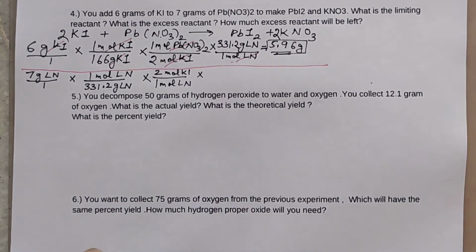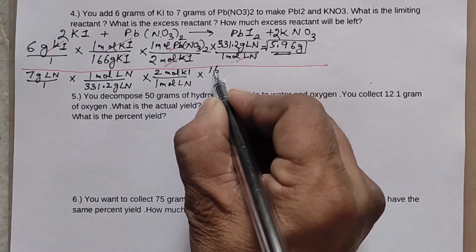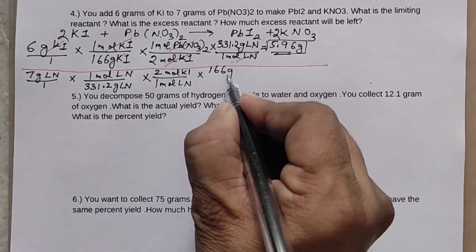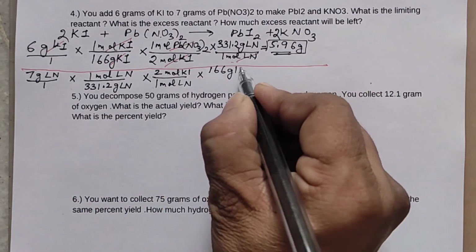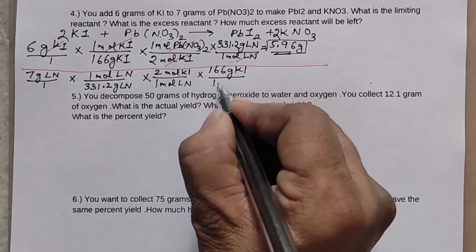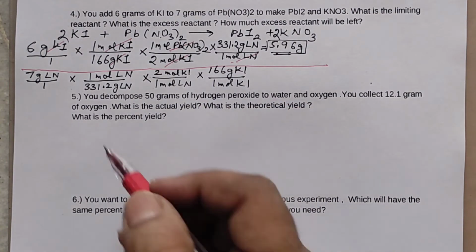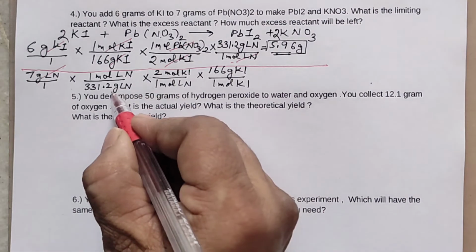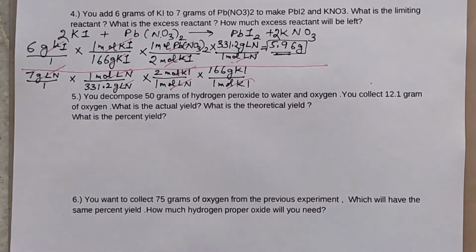Check the mass: molar mass of potassium iodide is 166. So we'll convert whatever grams of potassium iodide will be required for 7 grams. So this much gram of potassium iodide by 1 mole of KI. Right? So cancel out what all you can: grams of lead nitrate with grams, moles with moles, moles of KI with moles of KI.